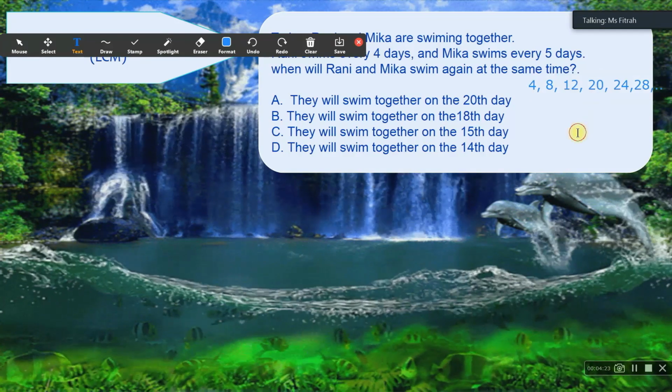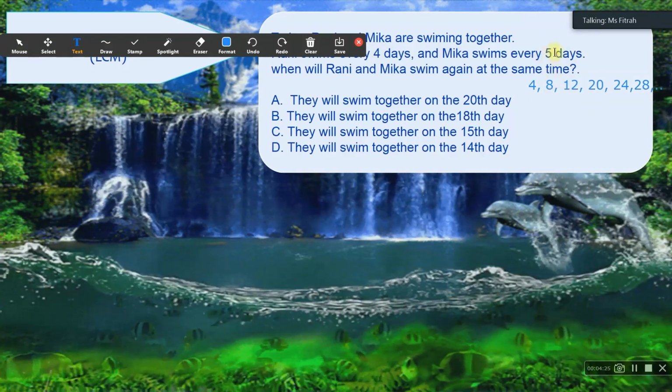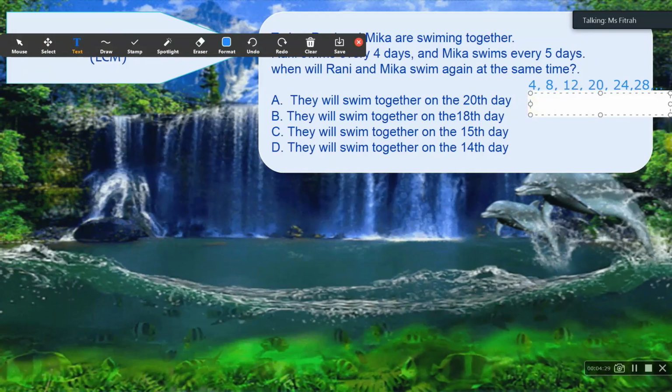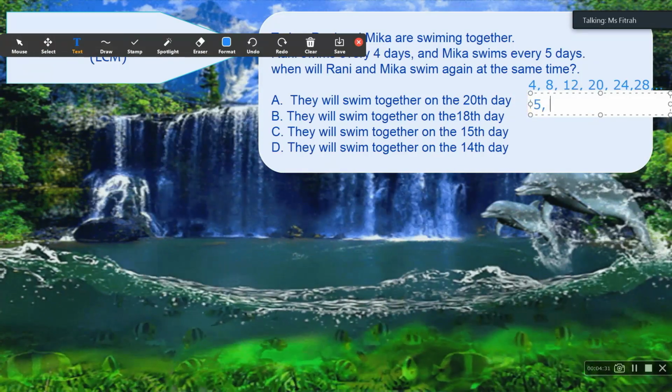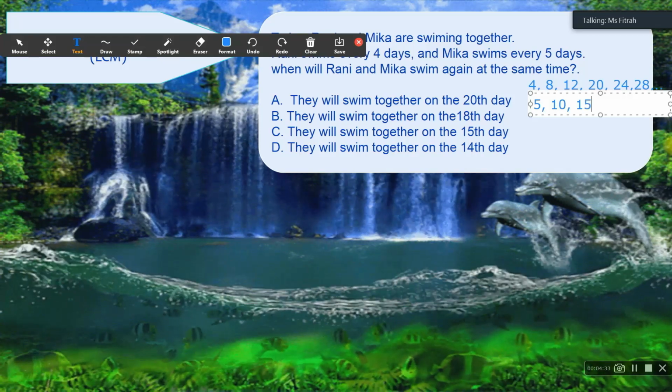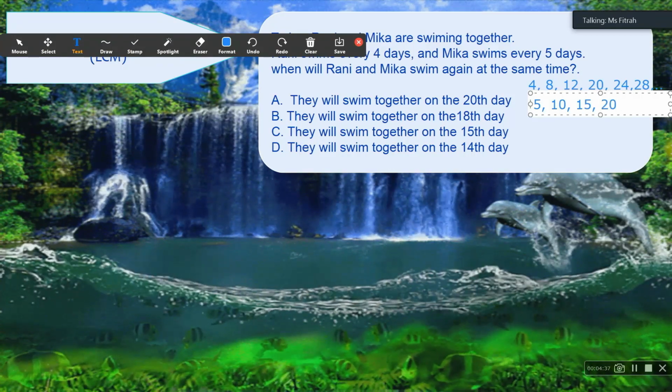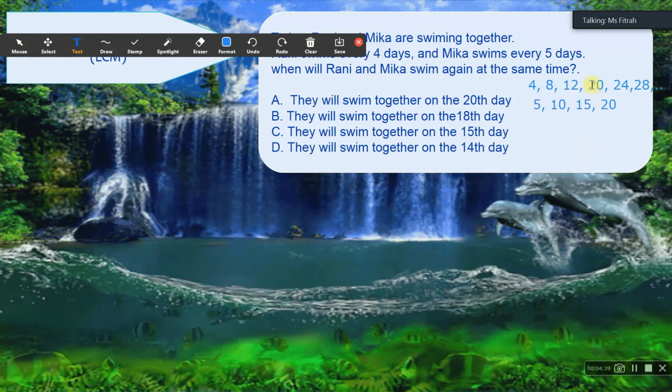Okay, how about 5? The multiples of 5: 5, 10, 15, 20. Wow, we can get the common multiple.